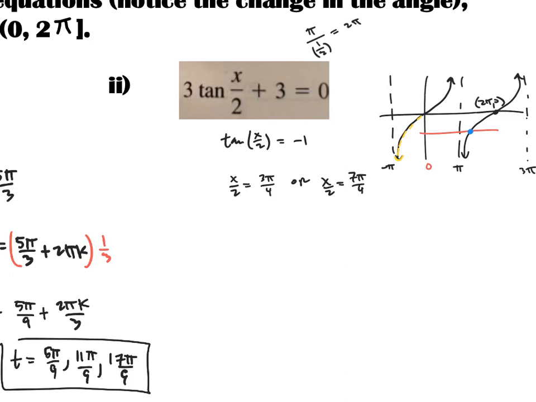Okay, so if I were to multiply both sides by 2, it looks like x would equal 3 pi over 2, or if I multiply this one by 2, I would get x equals 7 pi over 2. Now, 7 pi over 2 is not within that window from 0 to 2 pi. It's outside that window, so this is not our solution. So our solution ends up being x equals 3 pi over 2. Okay, guys, this would be the coordinate 3 pi over 2 comma -1.